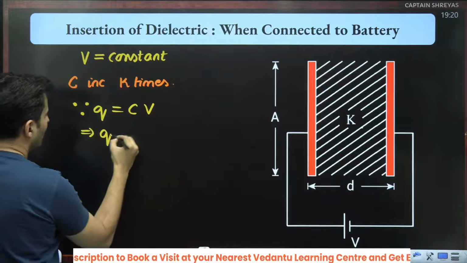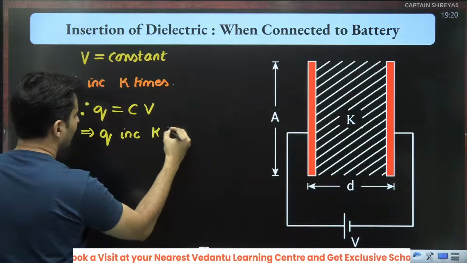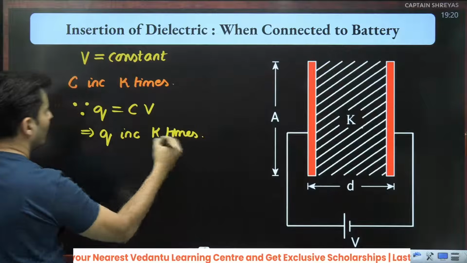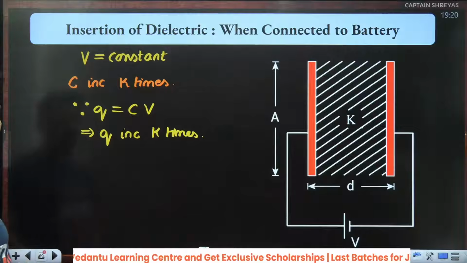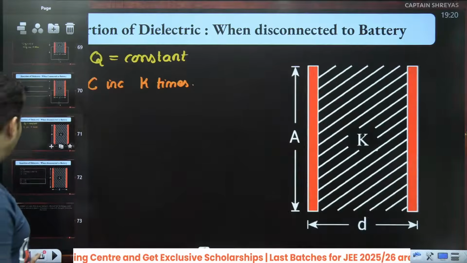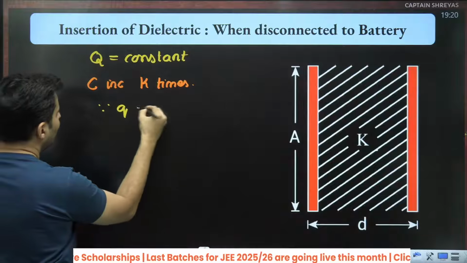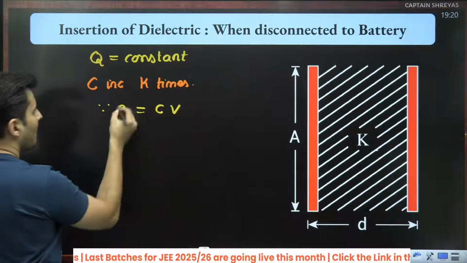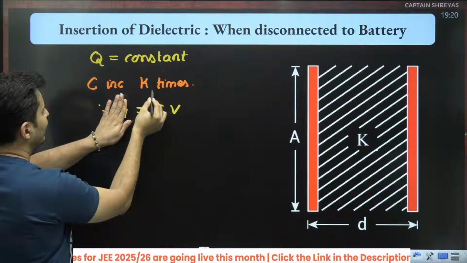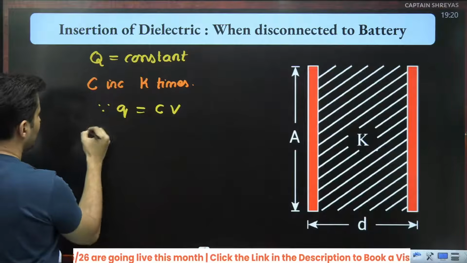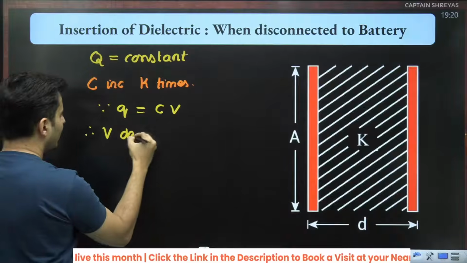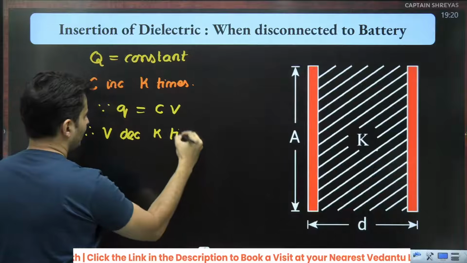That means Q also will increase k number of times. Whereas when battery is disconnected, since Q is equal to C into V, Q did not change, capacitance increased, voltage should reduce. Therefore, voltage decreases k times.